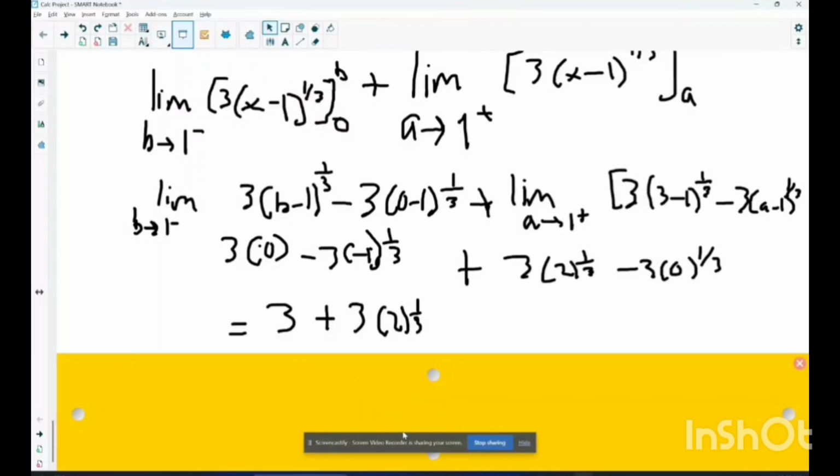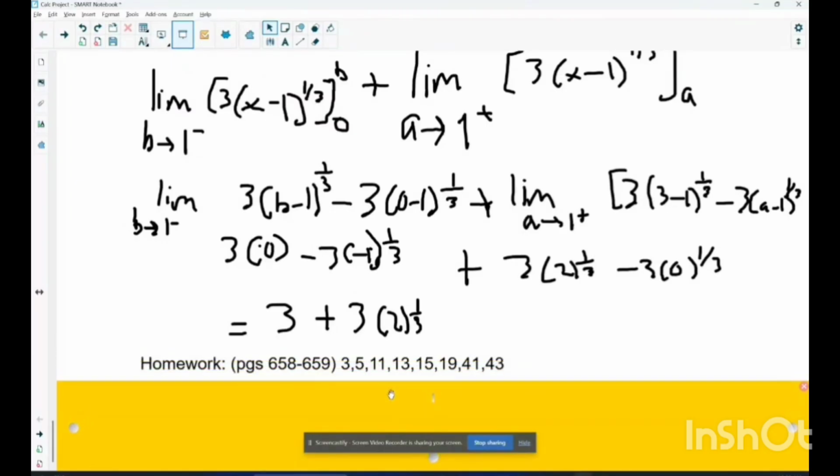So for homework, we're pretty much going to be practicing the same kinds of questions. The pages will be 658 to 659. Numbers 3, 5, 11, 13, 15, 19, 41, and 43. Most of them, you'll be wondering if it's converging or diverging, and the other ones you'll have to solve by showing your work.